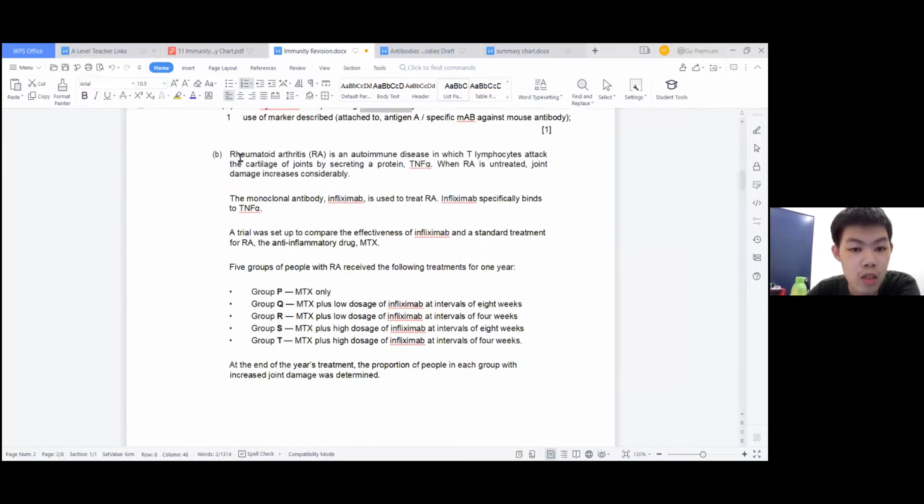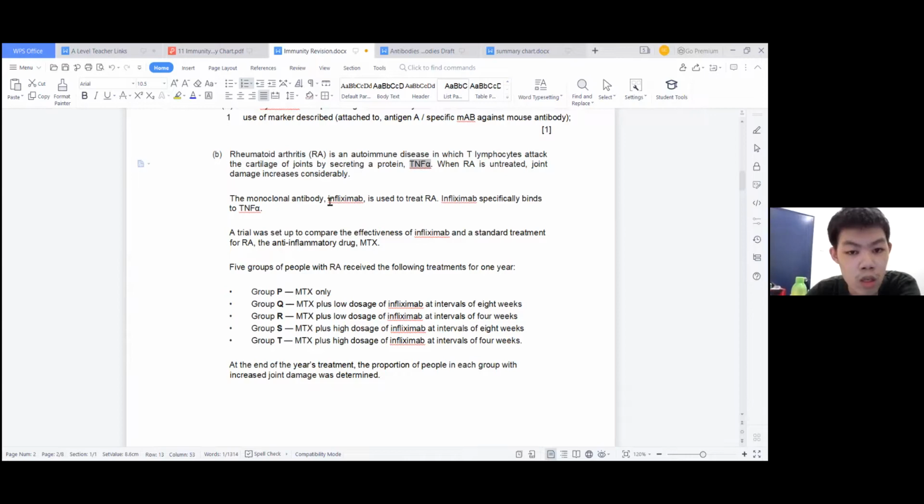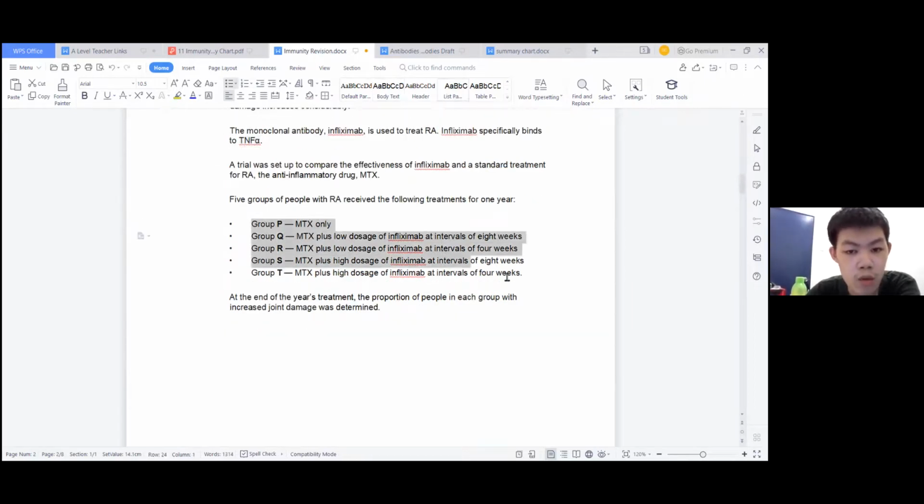This one is talking about rheumatoid arthritis, RA. It secretes this protein called TNF alpha. The monoclonal antibody infliximab is used to treat this. It will bind to this protein, TNF alpha. Here are 5 groups of people, and these 5 groups each have different treatment.